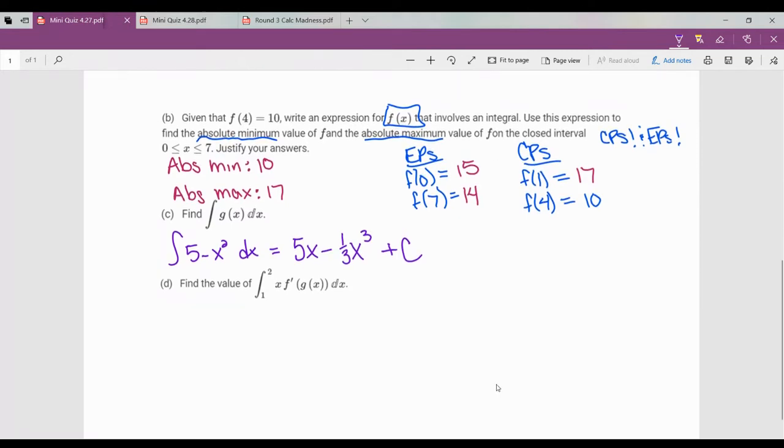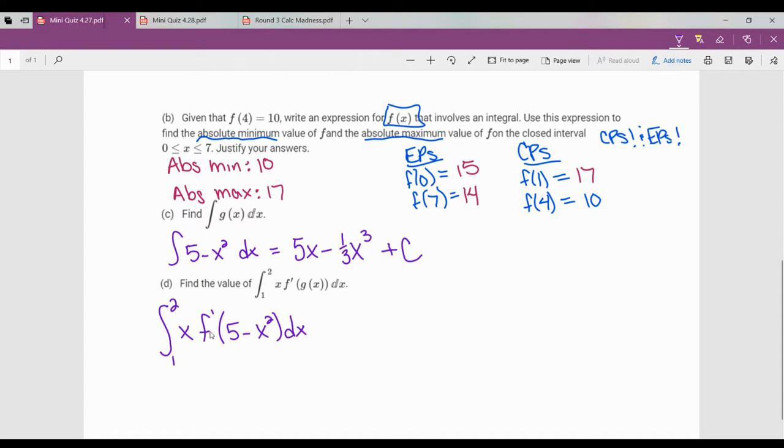All right. Ooh, this is a tricky one. So let's fill in, first of all, what g of x is. So we've got the integral from 1 to 2 of x f prime of g of x, which is 5 minus x squared dx. So I'm looking at this and I have a function inside of a function.